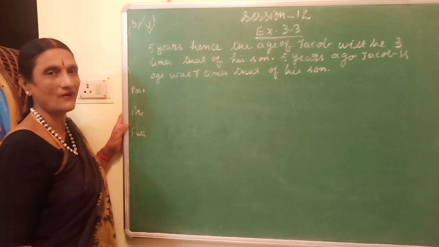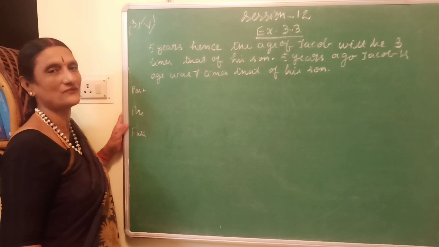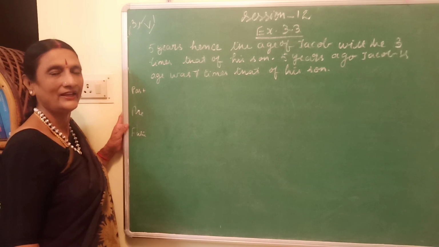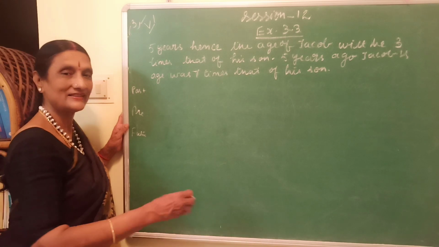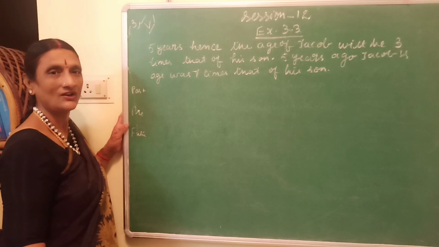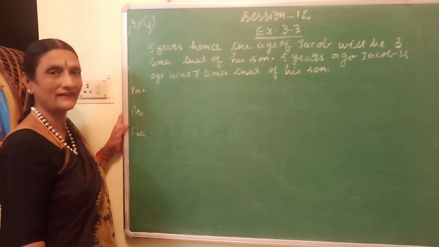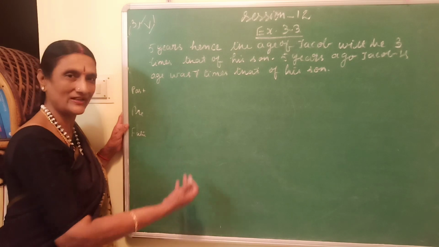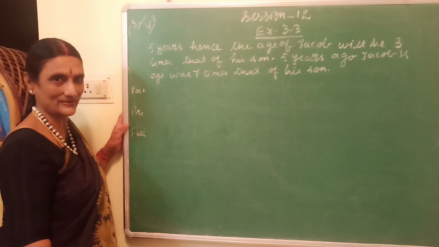So when we say father is 3 times that of the son, very often without understanding, you will write that 3 times or 4 times the son's age. If you write father is 3 times the age of the son, obviously you are proceeding in the right direction.